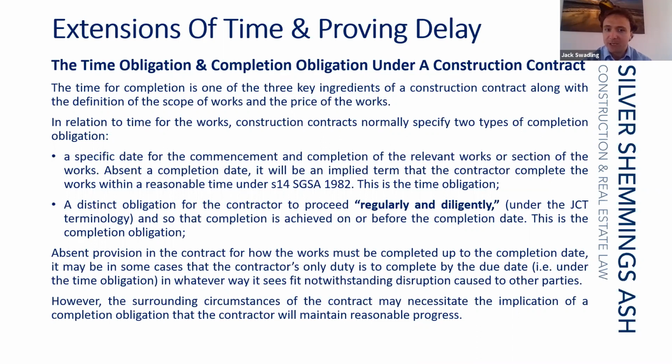So that means that they will be carrying out the works in a regular fashion. Obviously, it's going to be very important to an employer that the work is carried out in a certain fashion if the contractor's work needs to be coordinated with other members of the team on site. And this is an important consideration when drafting amendments to contracts.